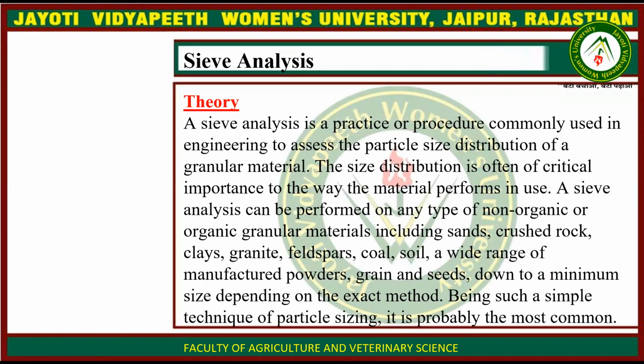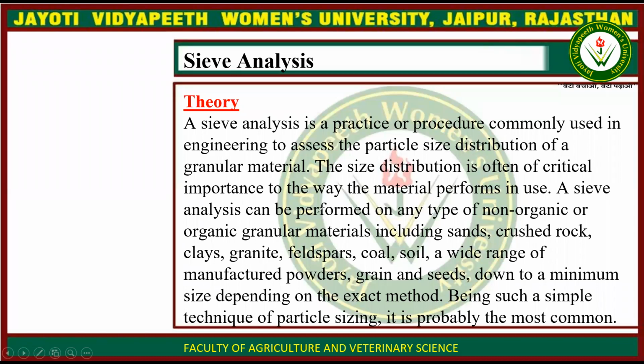Theory: a sieve analysis is a practice or procedure commonly used in engineering to assess the particle size distribution of a granular material. The size distribution is often of critical importance to the way the material performs in use.